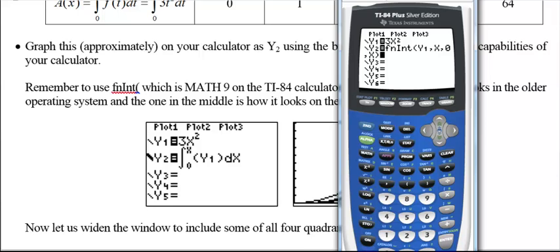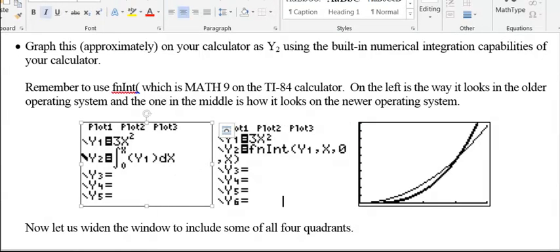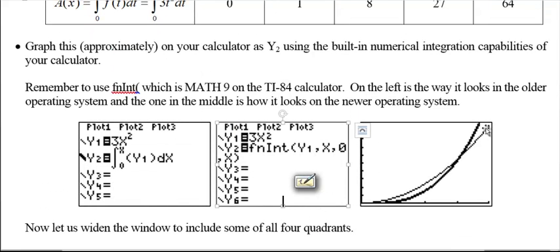The second one is the variable x, which is from the dx here. The third one is the lower limit here, and the last one is the upper limit x. So this last x is the top inner limit. The dx here is the second x there. Okay, so that's exactly how that looks in the older operating system.